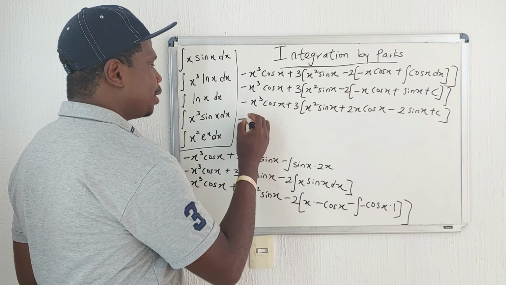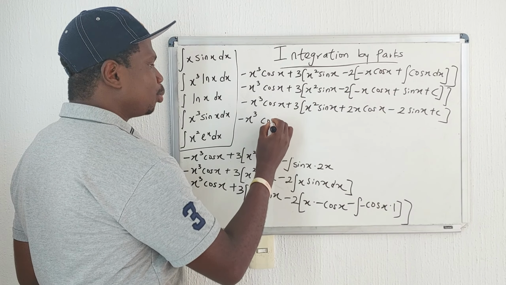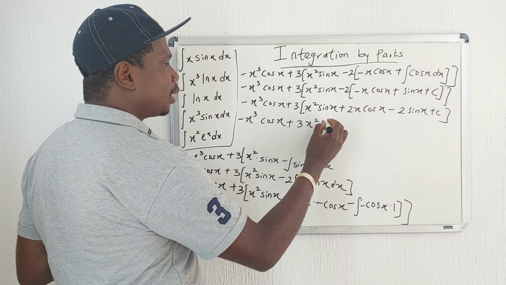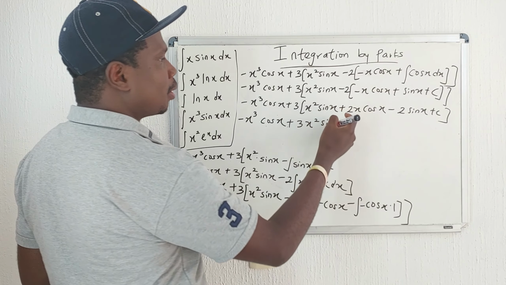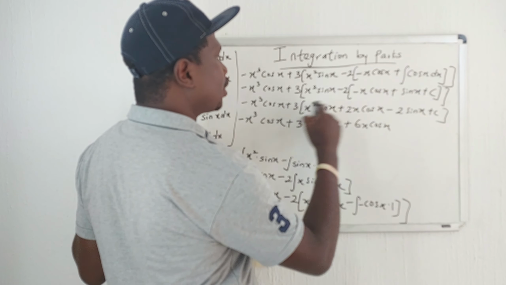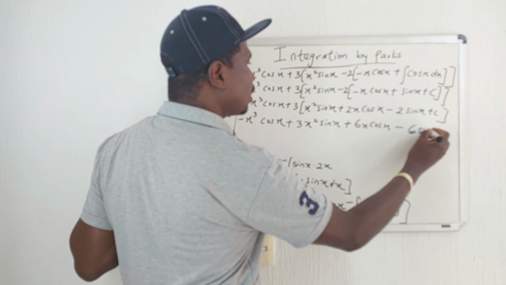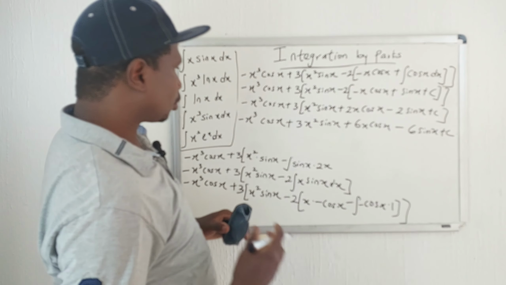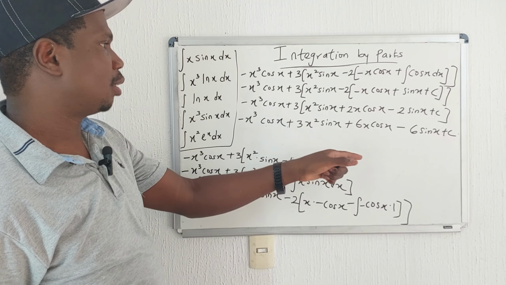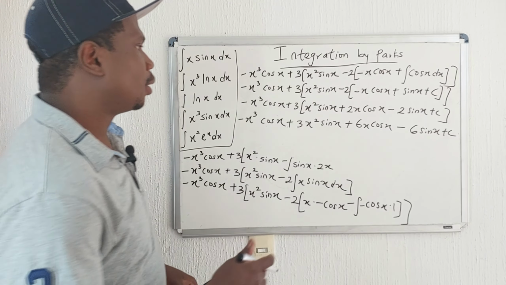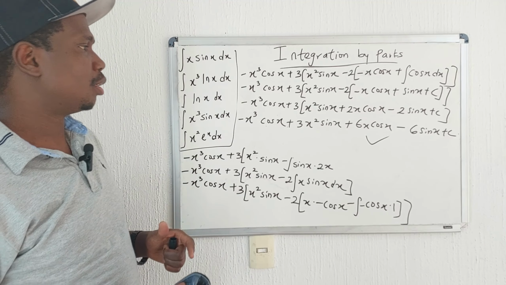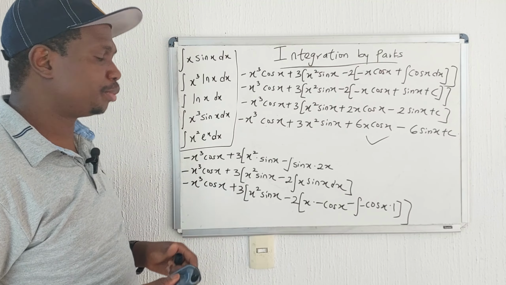So I have minus x cubed cos x plus 3x squared sine x plus 6x cos x plus times minus 6 sine x plus c. Is there any way we can simplify this further? We have cos, sine, no. So this is our final answer. So we'll move to the last question.